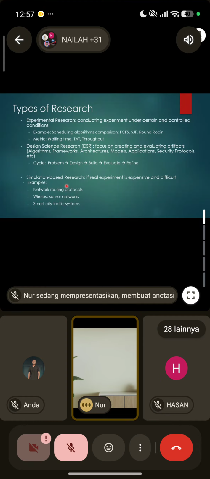And then another example of this kind of research is wireless sensor networks. We try to design several sensors, and then we connect them to make an interconnection between these sensors. This is a part of IoT actually.